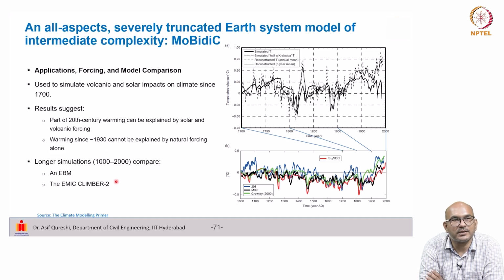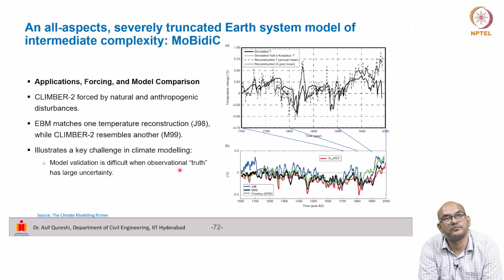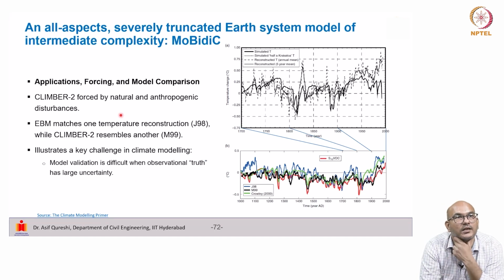Then we have longer simulations comparing with other models. When we do this comparison, we can have another model which is forced by natural and anthropogenic disturbances, CLIMBER. The EBM matches one temperature reconstruction and CLIMBER represents another.